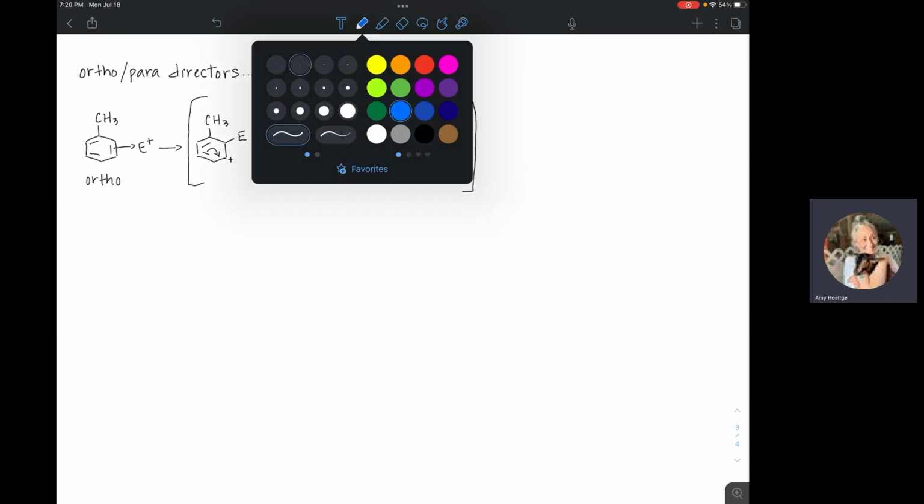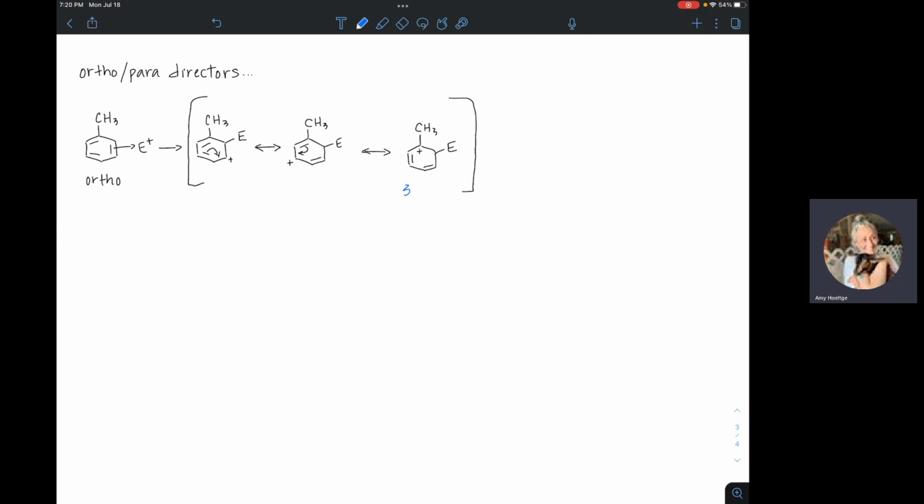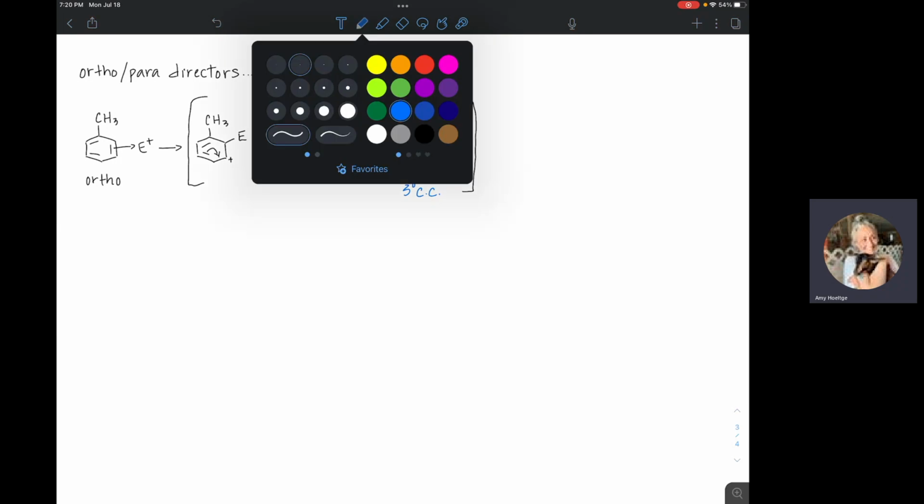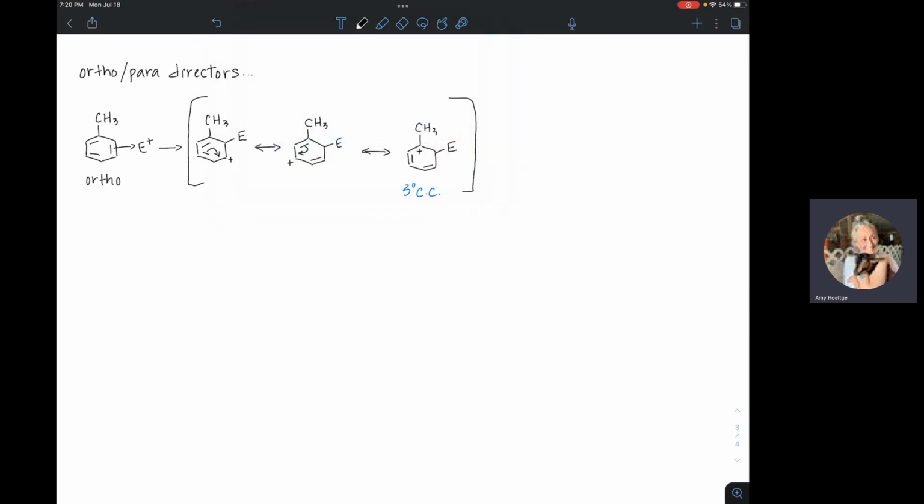In this particular case, I have a tertiary carbocation. Tertiary carbocations are pretty stable. So in at least one of my contributing resonance structures, and by contributing, we mean this contributes to the hybrid, right? I have a tertiary carbocation in at least one of them.